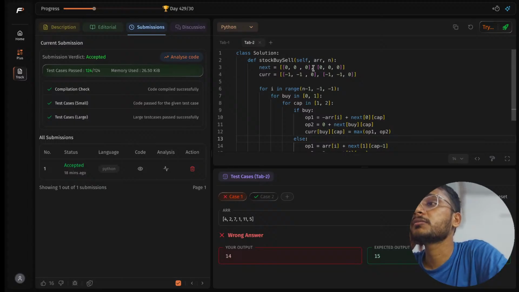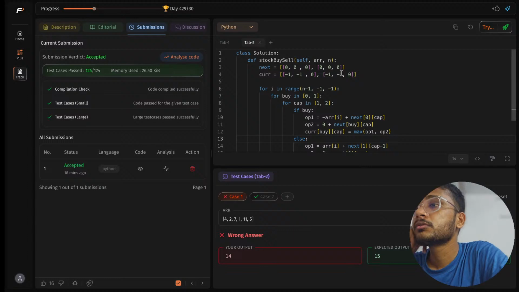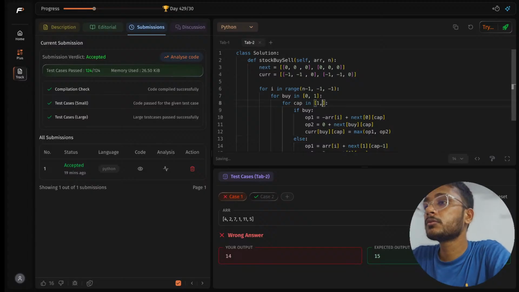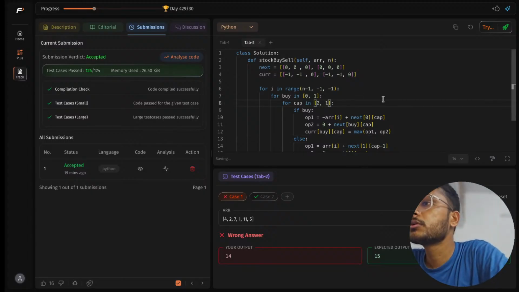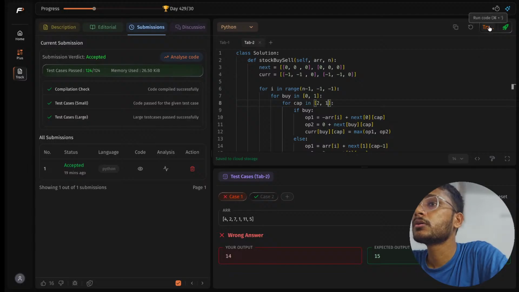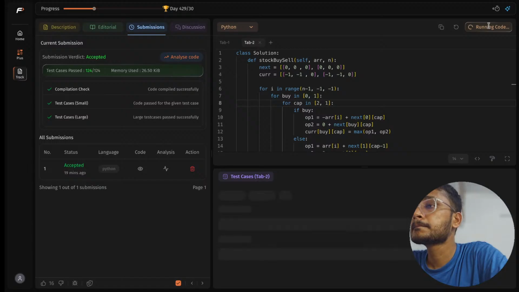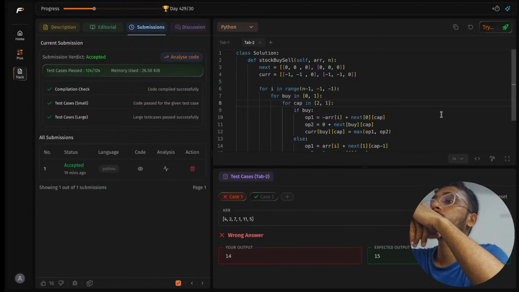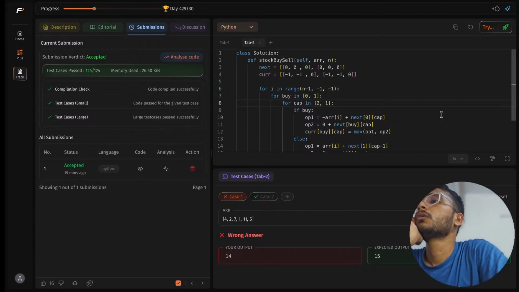At starting, next means will be all zeros, and current will be -1, -1, 0. We have next, we are looking for current.